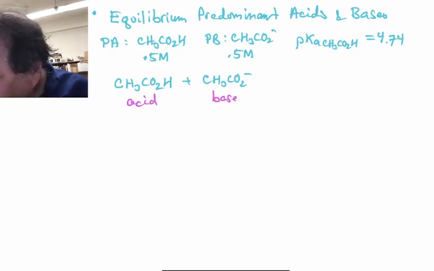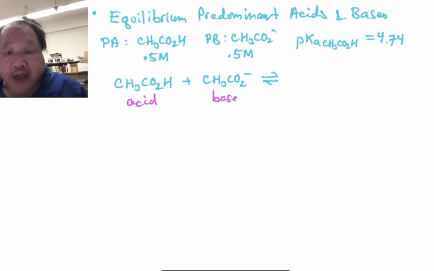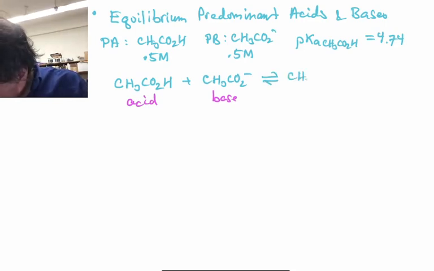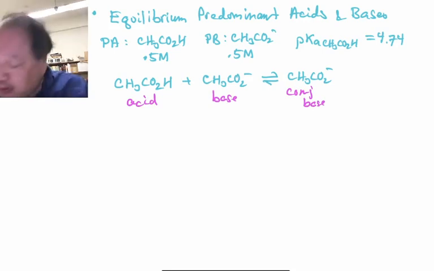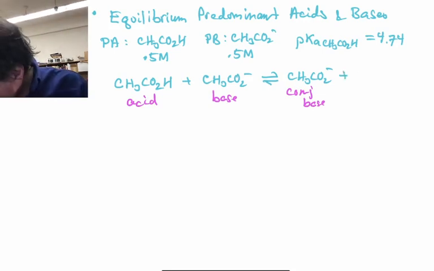When we set up this reaction, the conjugate of the acid, where we remove the proton, is CH3CO2 minus, the conjugate base. And the conjugate acid, where we add the H plus to the base, is CH3CO2H.